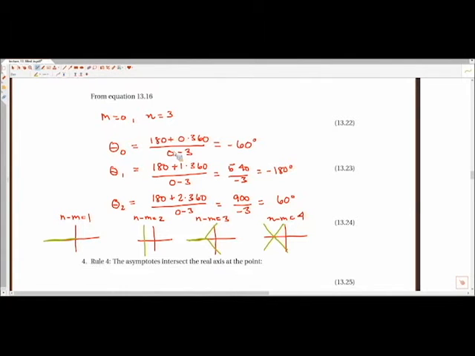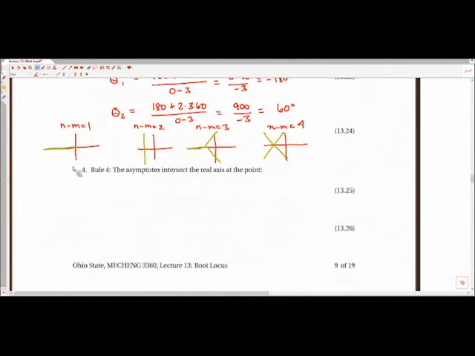Okay, so we have asymptotes. We need an intersection point. So the intersection point is given by the summation of all the zero locations minus the summation of all the pole locations over the same factor, m minus n.